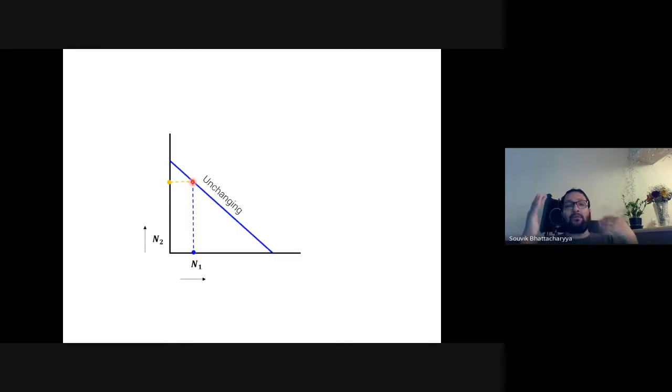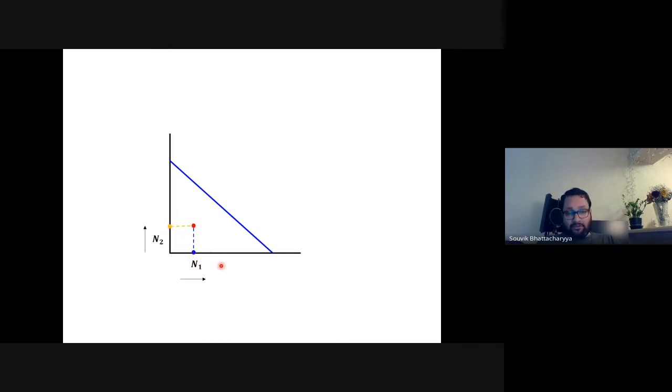Their total number will not change. So this line represents where no species will either win or lose. It is unchanging. But if the number of individuals for species 1 is this, and the number of individuals for species 2 is this, which is below this line, that is this dot, then species 1 will win.